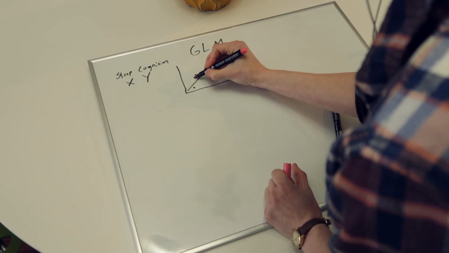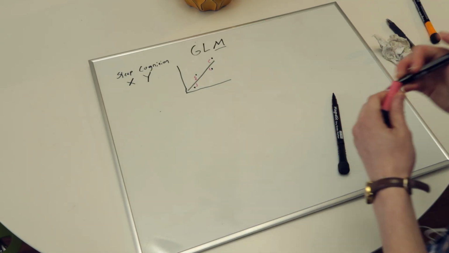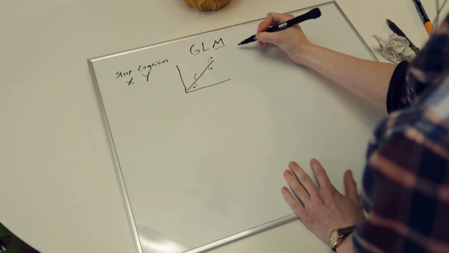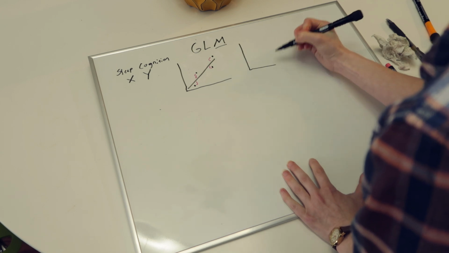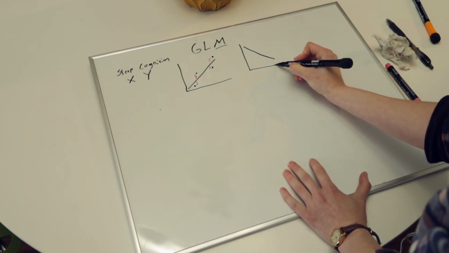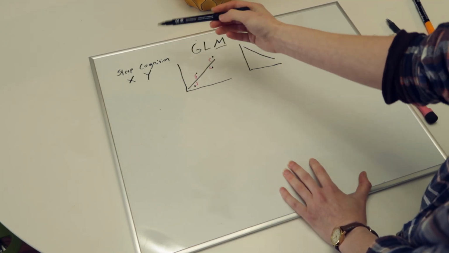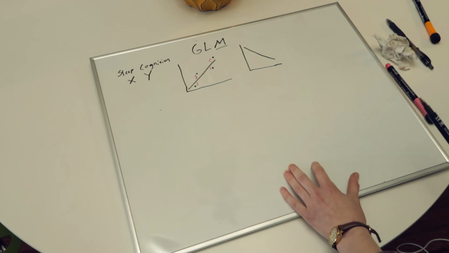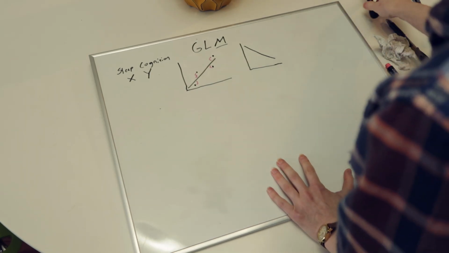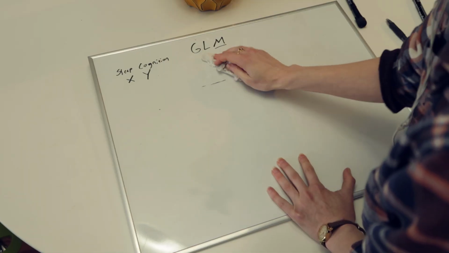It's the distance from the line, this distance. Now, the line can also be in the opposite direction, right? So that would be as X increases, Y decreases. And so that's sort of a negative pattern.